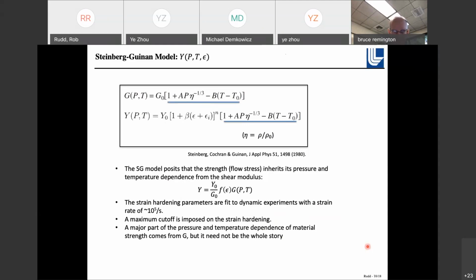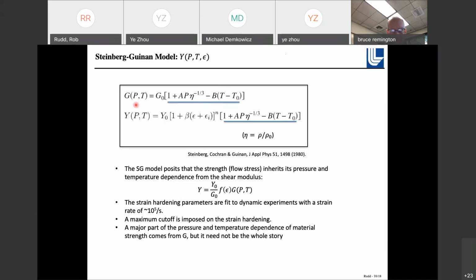And some of these experiments are also done at significantly high temperatures, and so there you need to account for thermal softening. The Steinberg-Guinan model does that by saying the shear modulus itself exhibits pressure hardening, or pressure stiffening, and thermal softening.